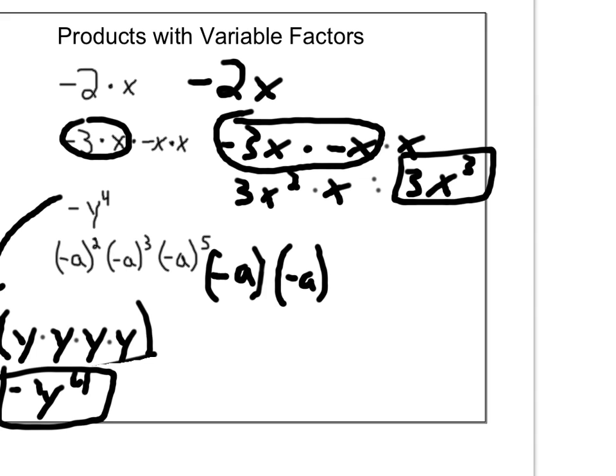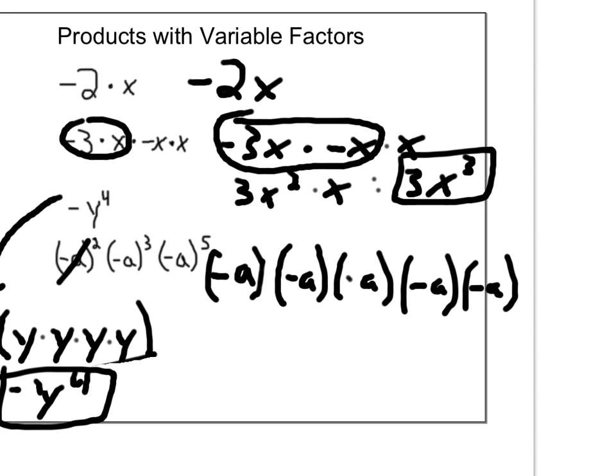Well, that's the a squared. Now the opposite of a to the third. That's 3 of them. Okay? And I got the opposite of a to the fifth. So now I'm just going to go ahead and write these down here. There's 5 more.